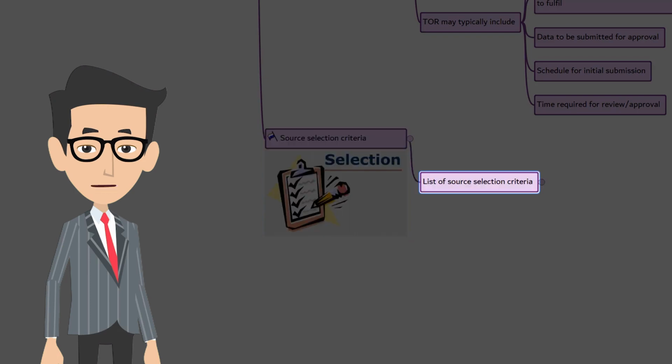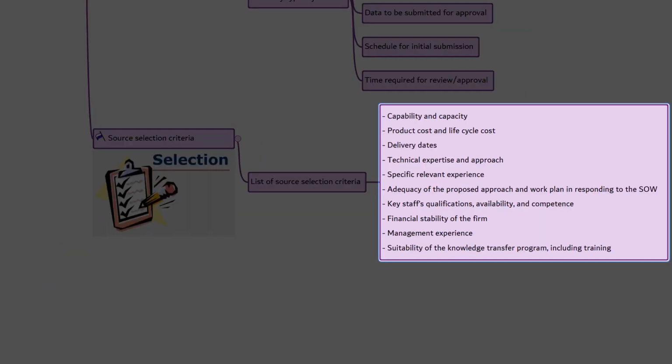The source selection criteria may include capability and capacity, product cost and lifecycle cost, delivery dates, technical expertise and approach, specific relevant experience, adequacy of the proposed approach and work plan in responding to the SOW, key staff's qualification, availability, and competence, financial stability of the firm, management expertise, and sustainability of the knowledge transfer program, including training.